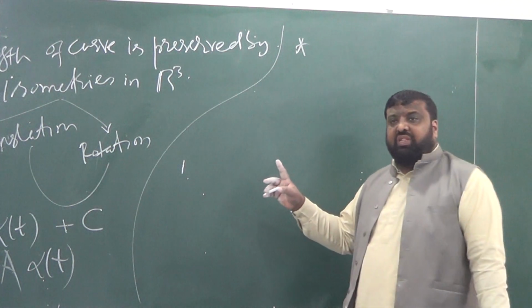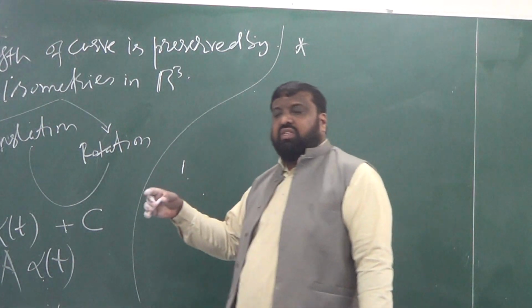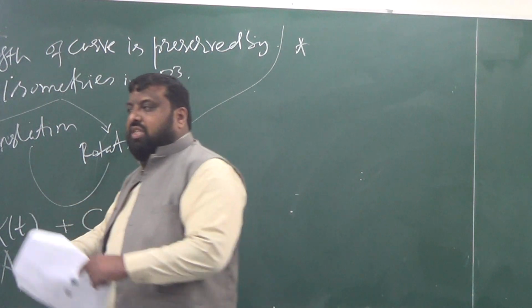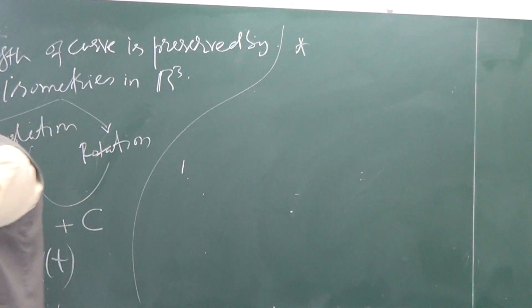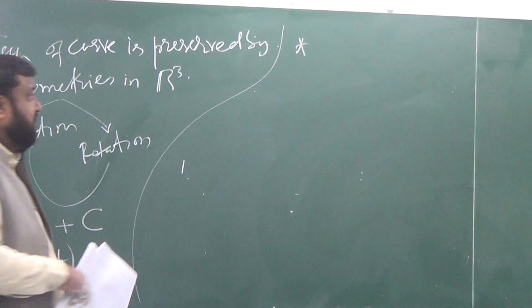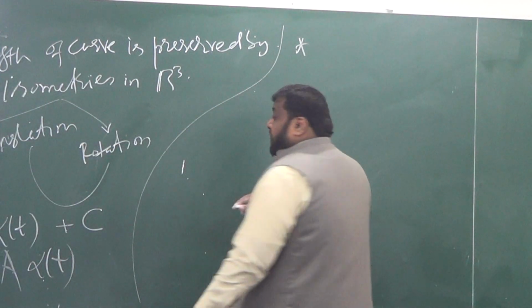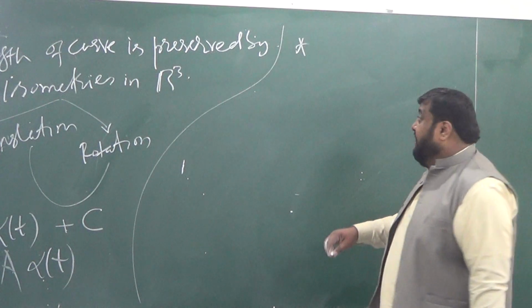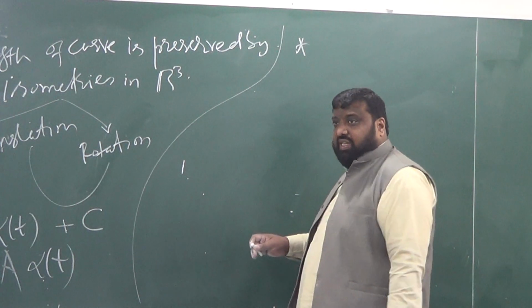If you want to compute the length of the circle, it would be the same 2 pi r, whether you calculate it with cos t, sin t or the other formula that we gave. It's not going to change. And we proved the theorem as well in multivariate calculus. So recall these things actually.